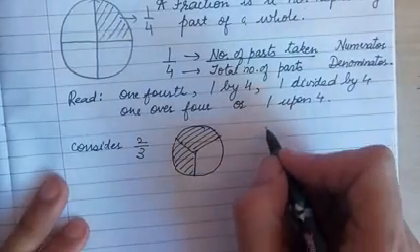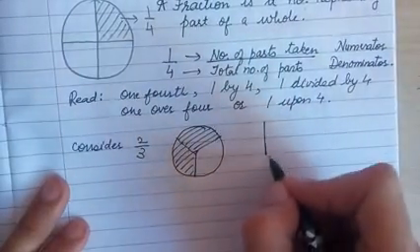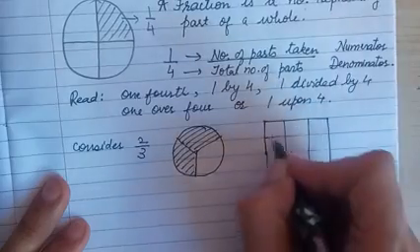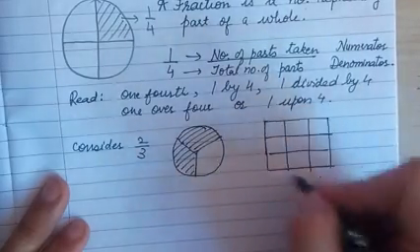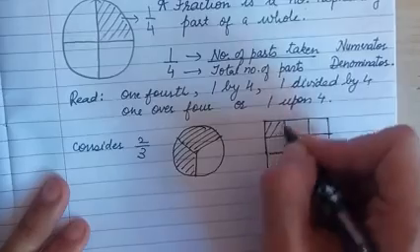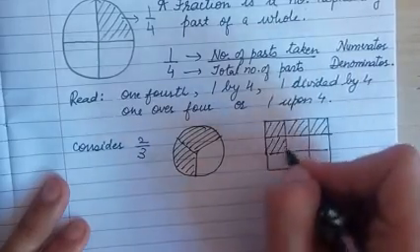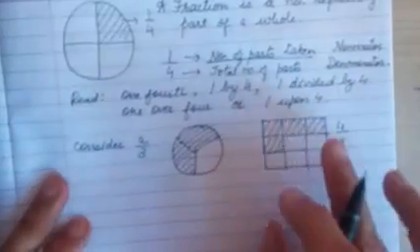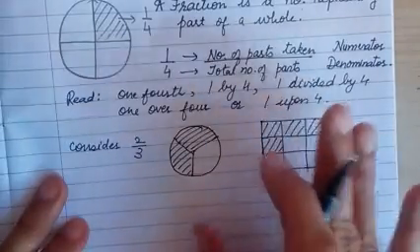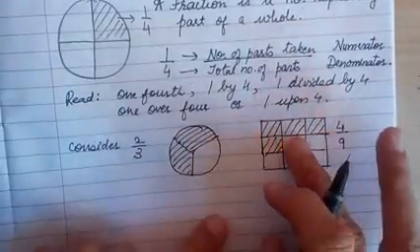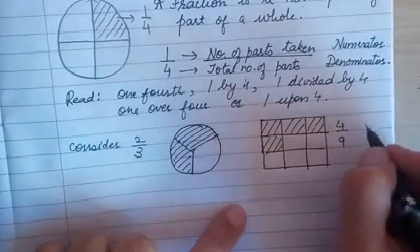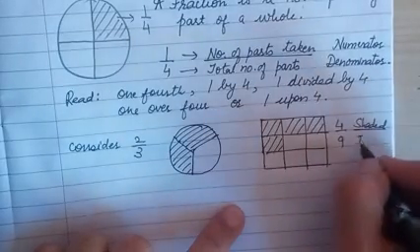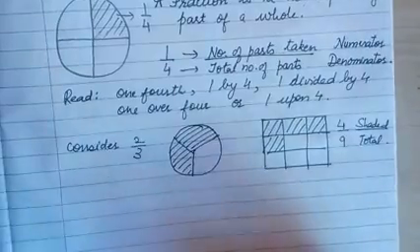And suppose a figure is given to us, and see how many parts this figure has been divided into: 9 parts, 3 into 3. If I am taking these 4 parts out of 9, then this shaded part represents the fraction 4/9, where 4 is shaded and 9 represents the total parts.